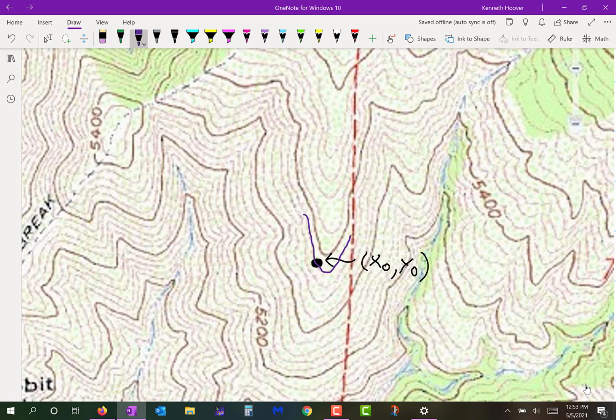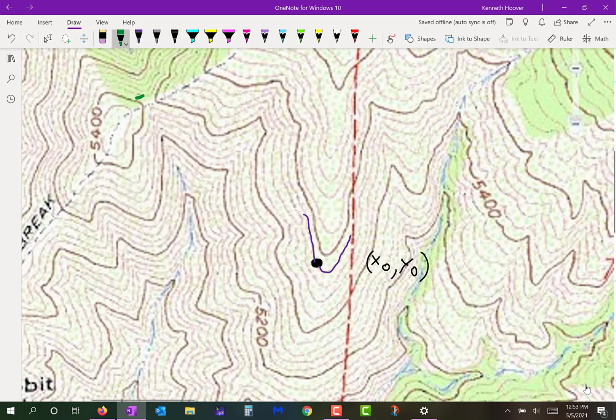Okay, the gradient is a vector. The gradient will always be perpendicular, darn it, to the level curve. Okay, why is that? So let's make the gradient, how about we'll make it green, okay?